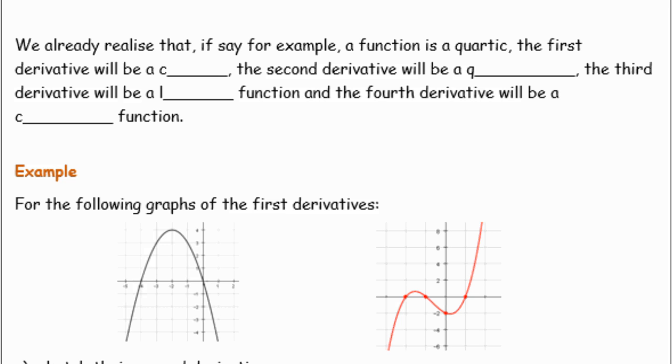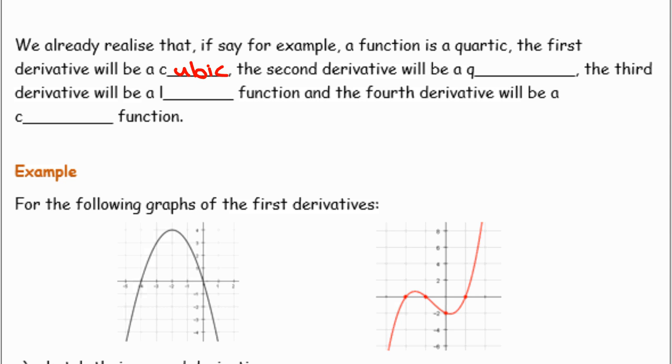Yeah, good, exactly. So we already realized, for example, if the function is quartic, the first derivative will be a cubic. Quartic is power of 4, x to the power of 4, so the highest power of x is a 4. A quintic would be x to the power of 5.